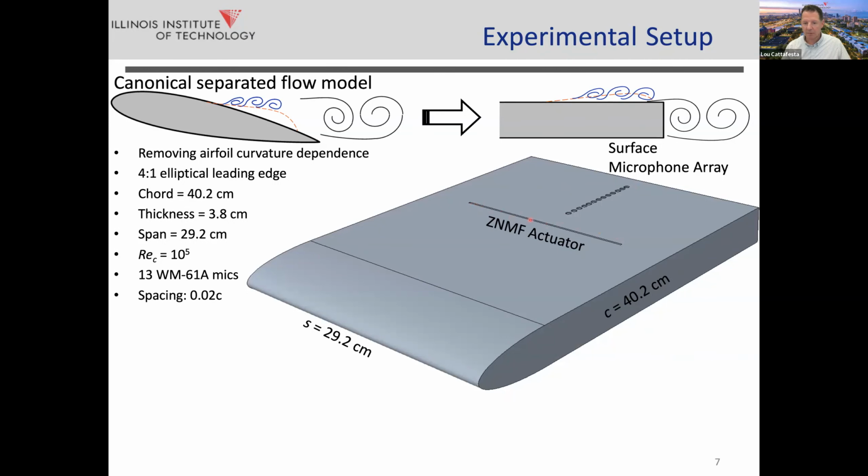And we have a slit that roughly spans the central 2/3 of the model. It's a zero net mass flux actuator. And this is what is forcing the flow. And then for flow sensing, we're using an array of inexpensive electret mics, 13 of these. And these detect the instantaneous state of the flow, and they're closely spaced about 2% of the chord between them.